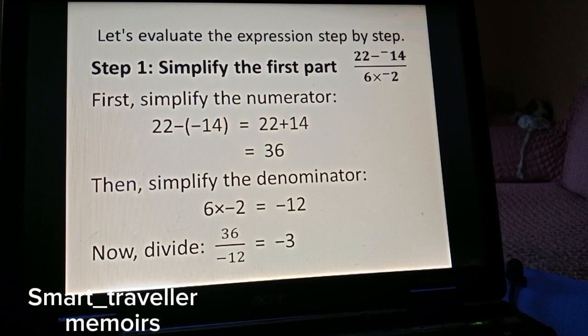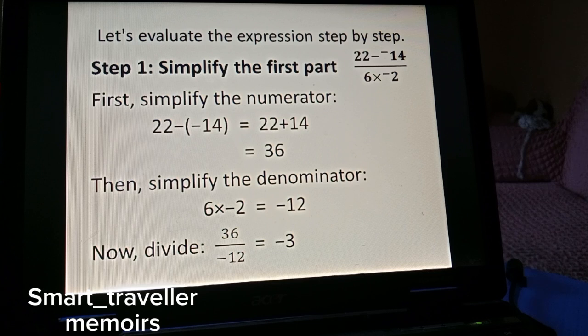Which is 36. Have you got me right? Change the subtraction sign to addition, and then add the inverse of negative 14, which is positive 14, so that in your mind you are having 22 plus 14, which is 36.